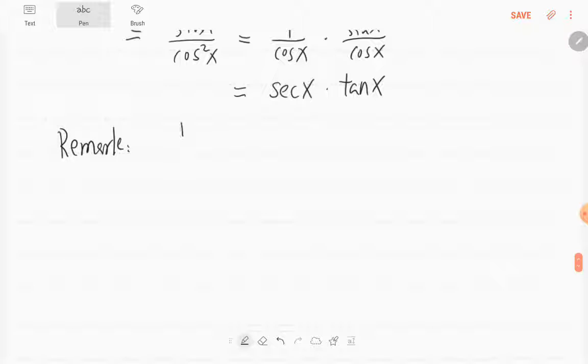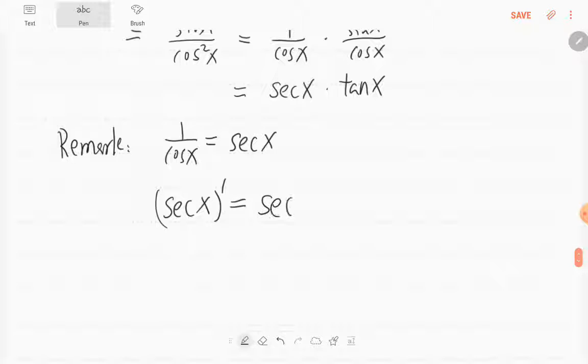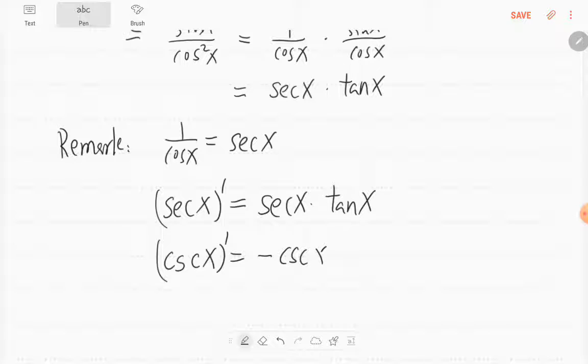We notice that 1 over cosine x equals secant x. So the derivative of secant is secant x times tangent x. Similarly, the derivative of cosecant is equal to negative cosecant x times cotangent x.